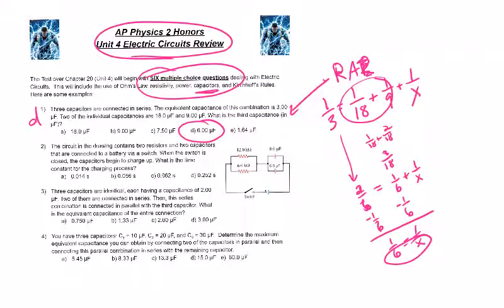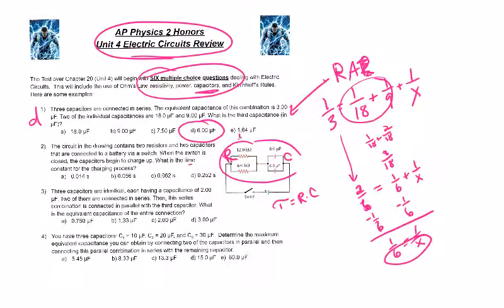Number 2, we've got a circuit with 2 resistors and 2 capacitors. We're trying to find the time constant. So what we've got to figure out is what the total resistance is and what the total capacitance is, so that I can find the product of those two quantities. So 2 resistors in parallel is the RAR method.